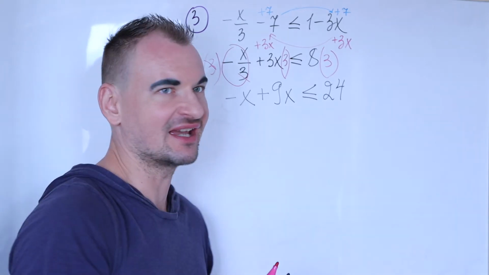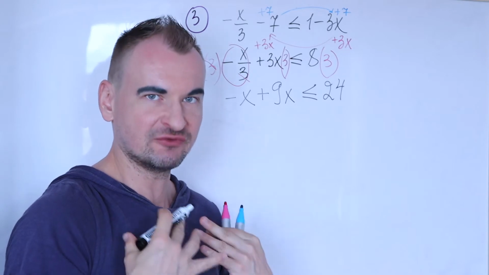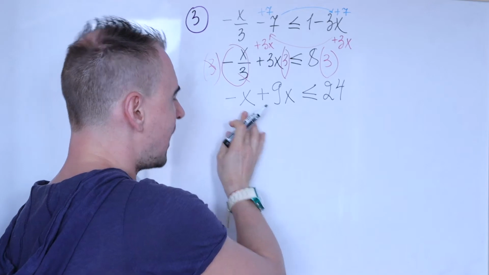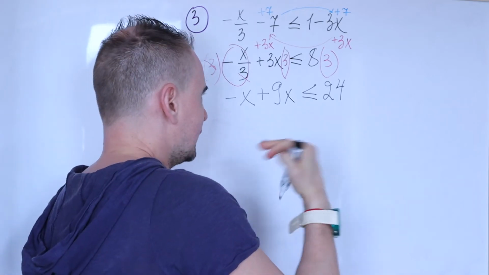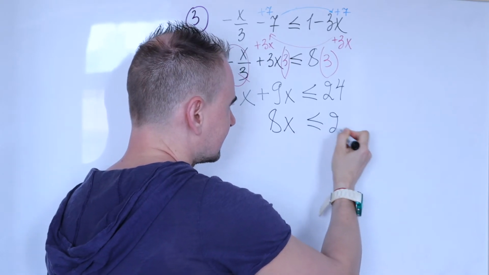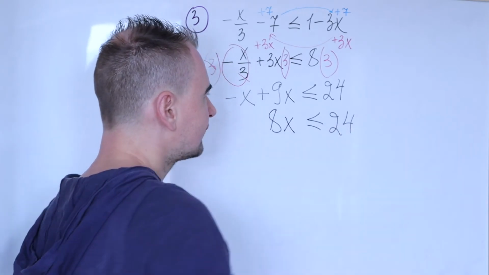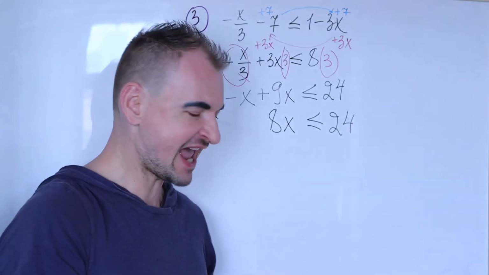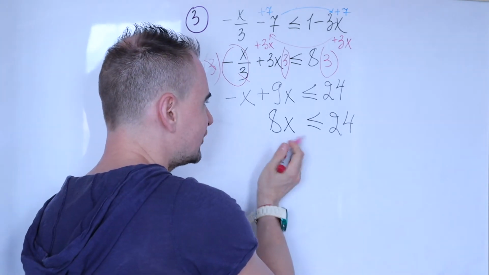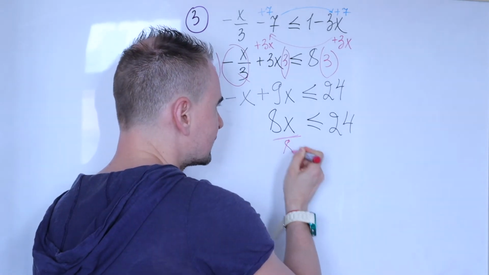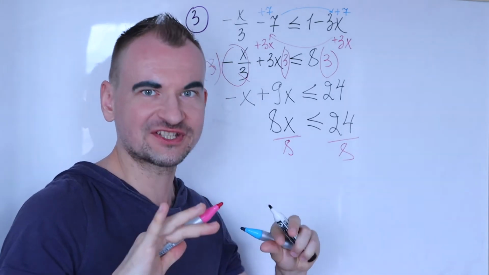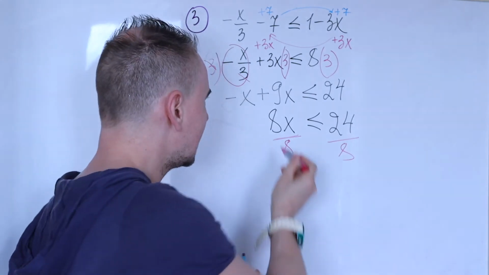Now, -x plus 9x, they're like terms, and we can simply add them. It's the same thing as 9x minus x, and you are left with 8x. Keep whatever you have. And finally, the last step. We want to isolate x. Whatever attaches to your x, divide through. In this case, you divide by 8 through both sides of your inequality.